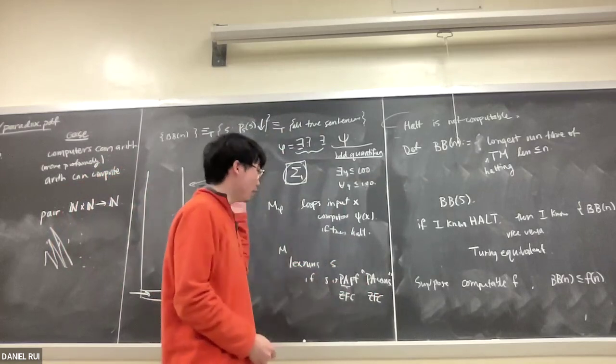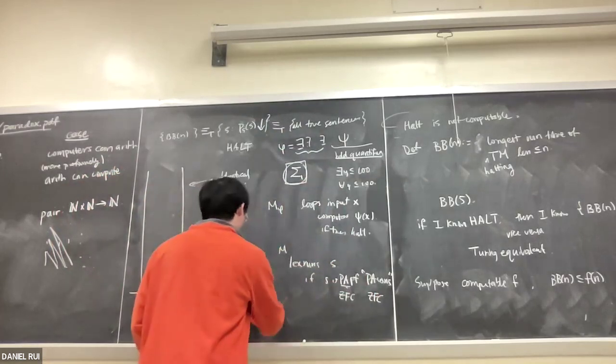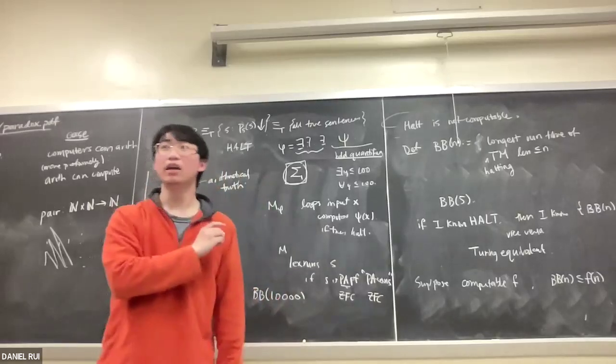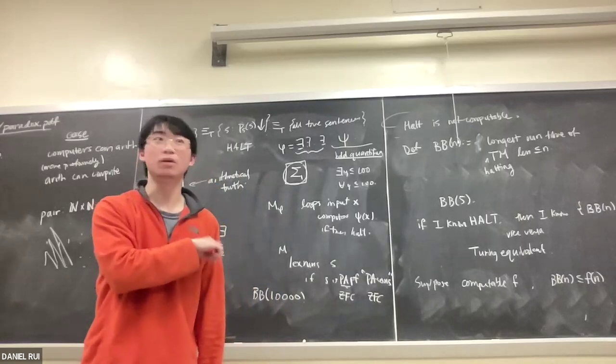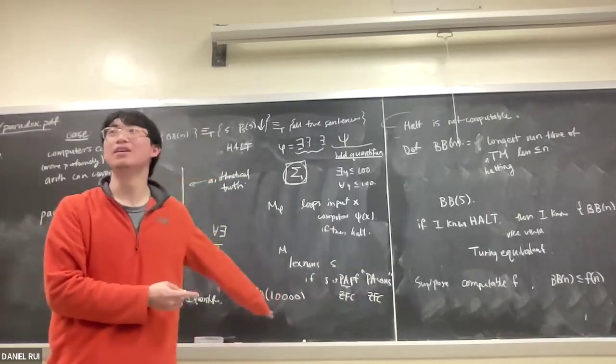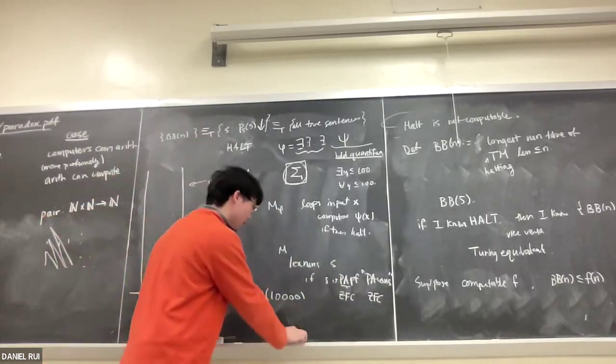So just naively writing this code, you can prove that Busy Beaver of 10,000 is forever beyond the reach of humankind. ZFC cannot decide this number. And Peano arithmetic is even smaller.